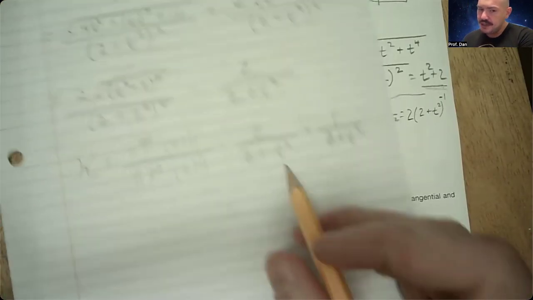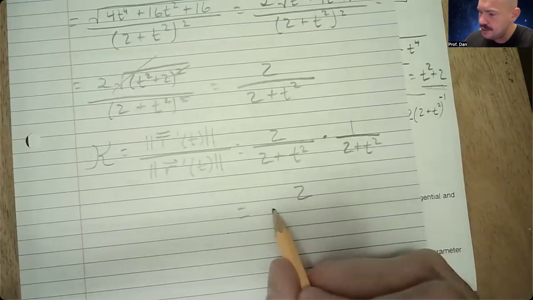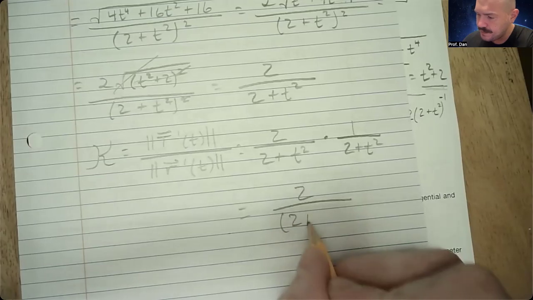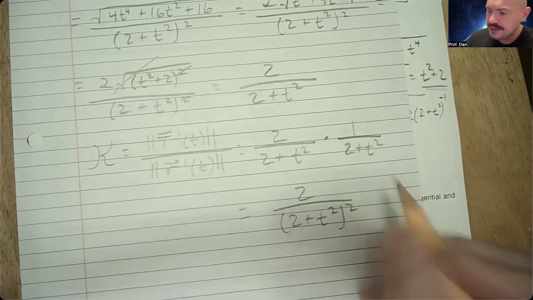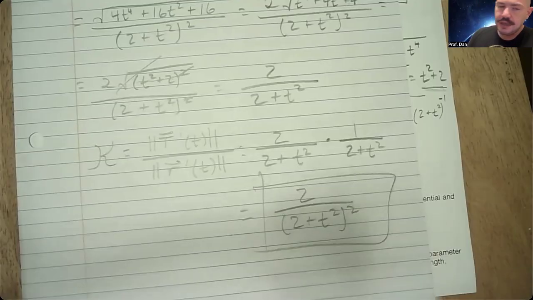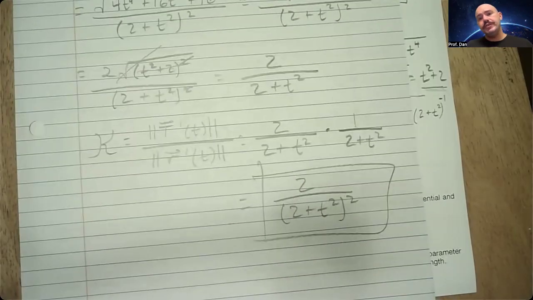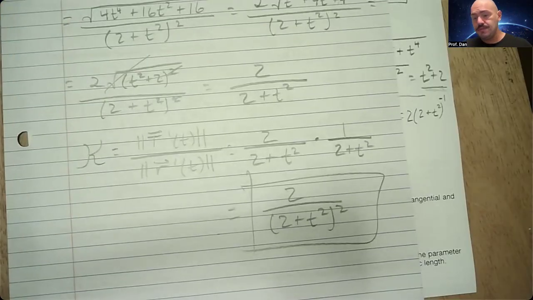So we end up getting that our curvature is 2 over 2 plus t squared, squared. And that allows me to find my curvature for any value of my parameter t. So if I know t is 0, for instance, my curvature would be 1/2. If t were 1, then my curvature would be 2/9, which is less than 1/2. So it would be like a sharp turn, kind of evening out.